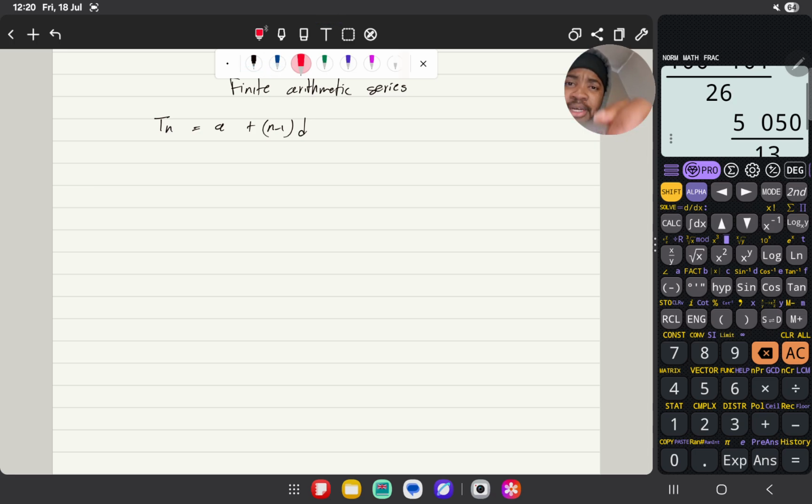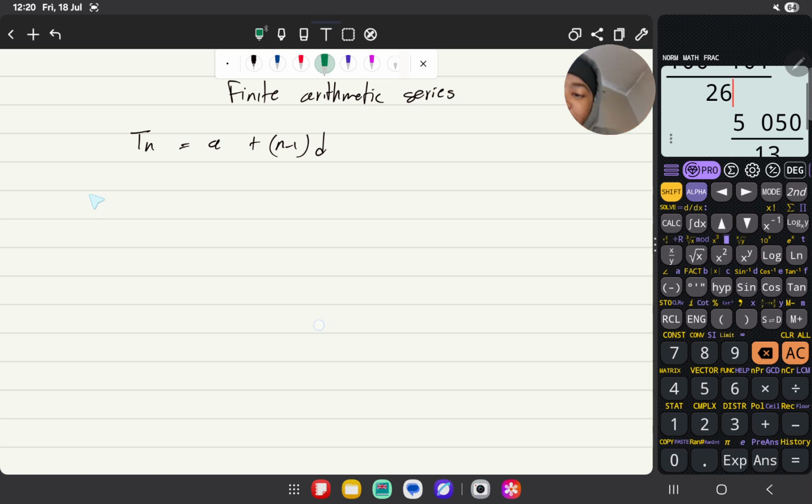Let me use which color? Green, I think green is fine. So you have your summation from n equals 1 up until the last term, whatever the last term will be. Just remember L here is the last term. And then you have your Tn.